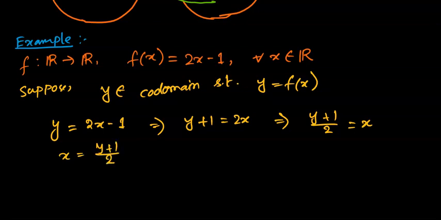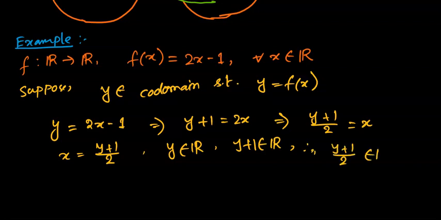Now tell whether this x belongs to real numbers or not. y belongs to R. We know y belongs to R. That's why y plus 1 also belongs to R. And therefore (y plus 1) by 2 also belongs to R. So this implies x belongs to R. Since x belongs to R, such a pre-image exists. So for any arbitrary y in the codomain, we get a pre-image in the domain. Therefore f is a surjective function.